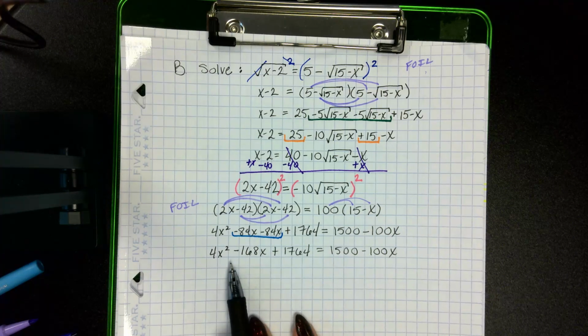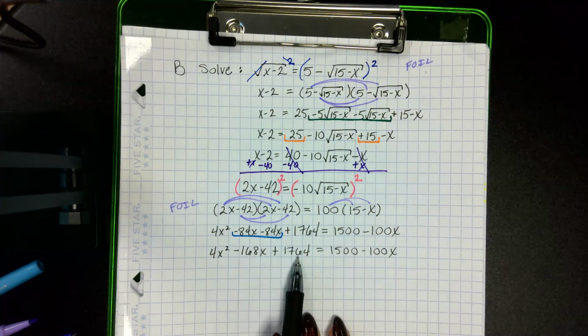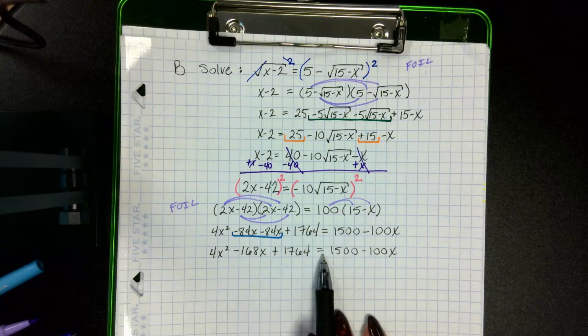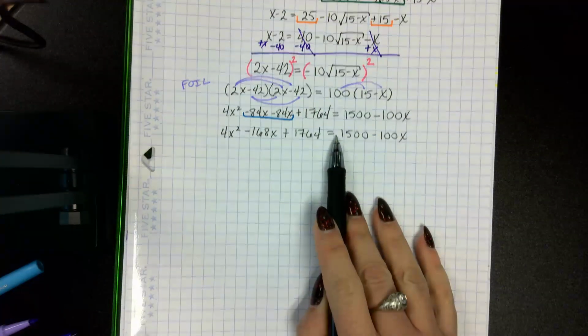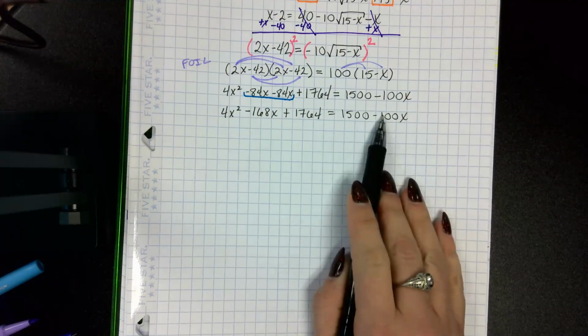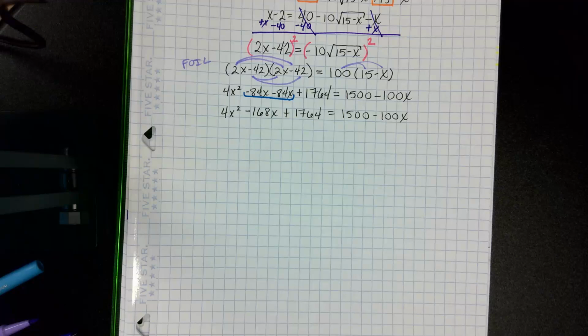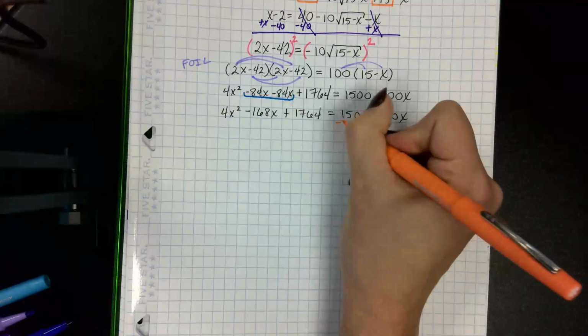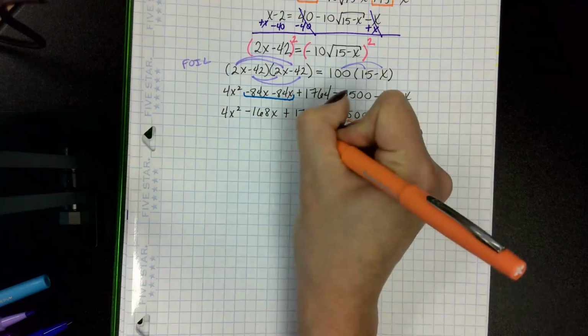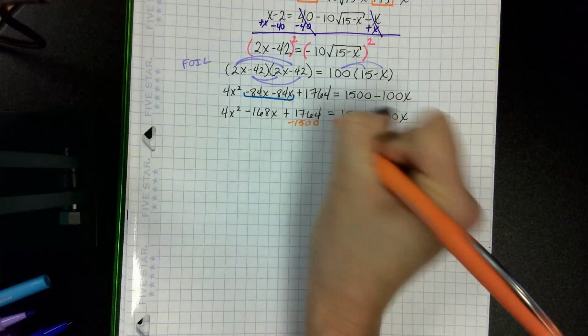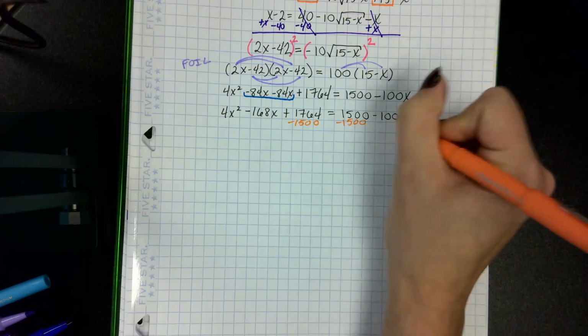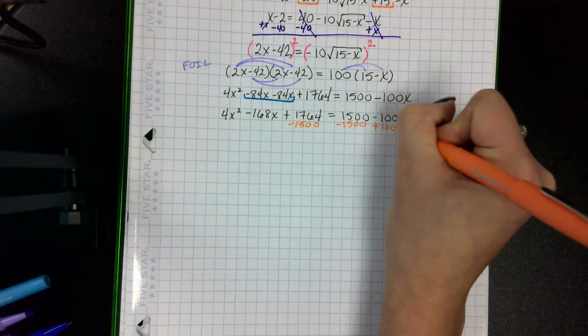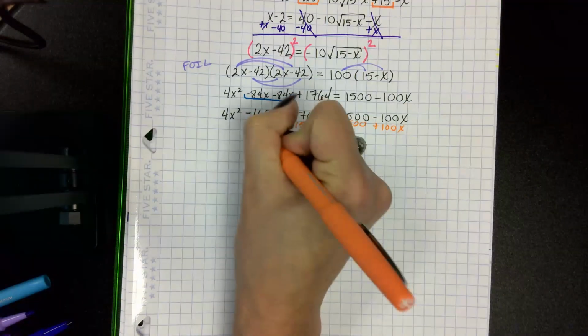So now I have a quadratic. This is x squared, and there's 3 pieces. I want it equal to 0 so that I can solve it, so I can factor and solve. So everything on the right, I need to move over to the left. So I'm going to subtract 1500 from the 1764, and I'm going to add 100x to its like piece.